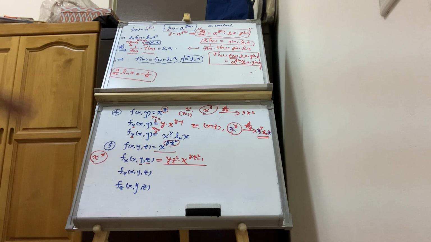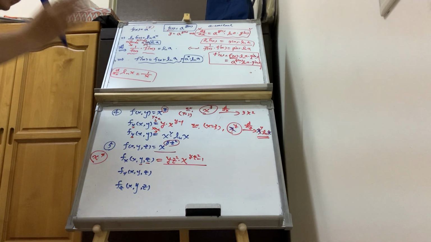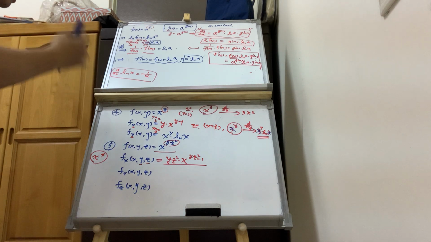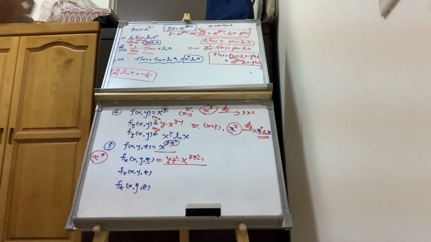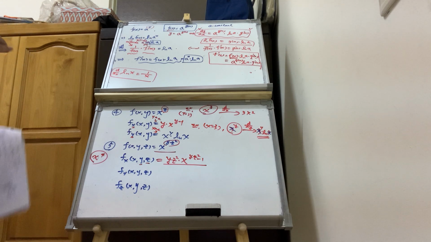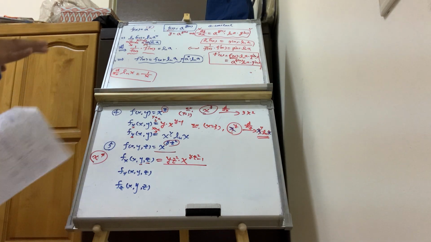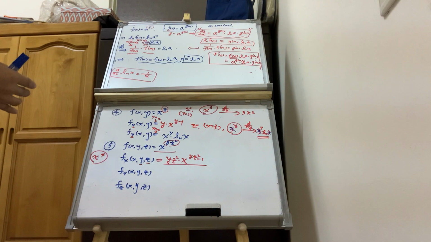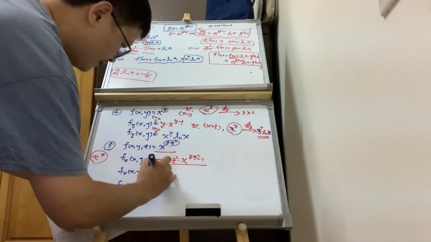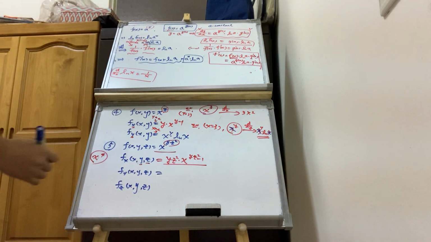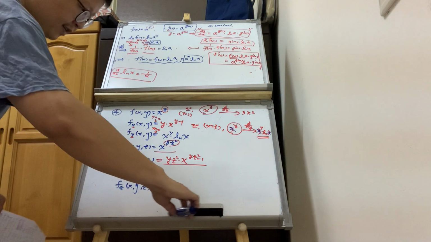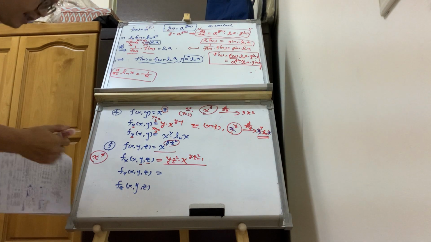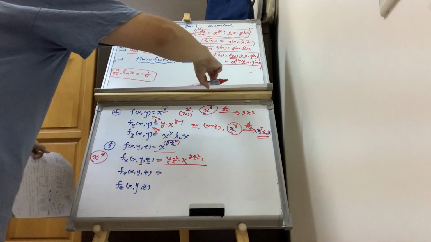So that's why I say for these examples, if you know the concept of partial derivative, then it's not difficult to understand. And of course, you should know the derivative formulas for single variable functions.